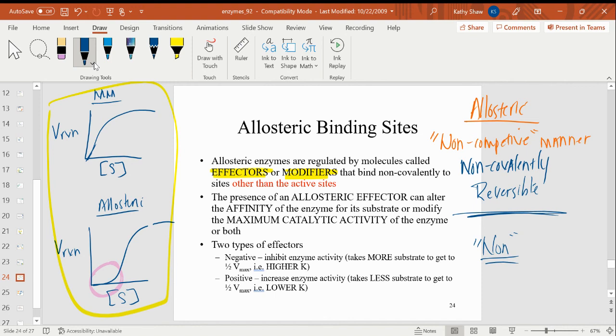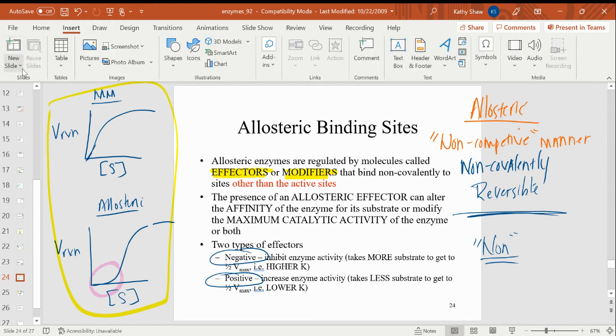Okay, we have two types of effectors in terms of whether they activate or inhibit. So we can have a negative or a positive effector or a modifier. Our negative effector inhibits. Our positive effector activates. That's it. So let's go to another page and just break this down.